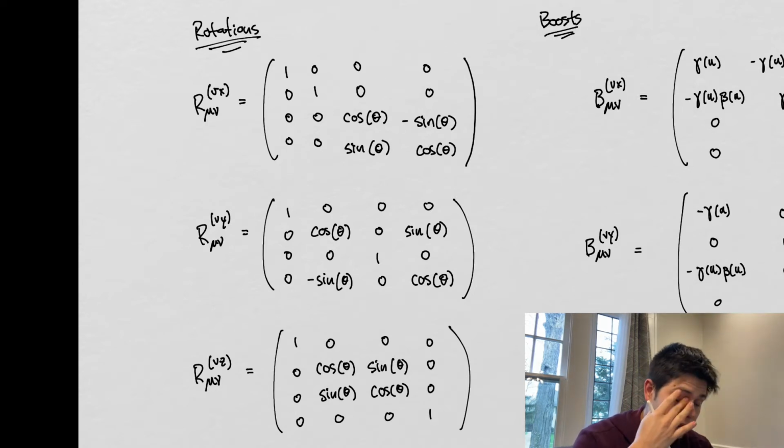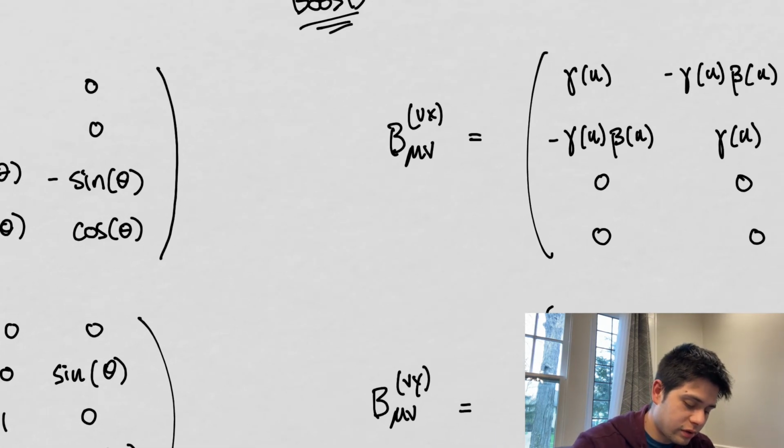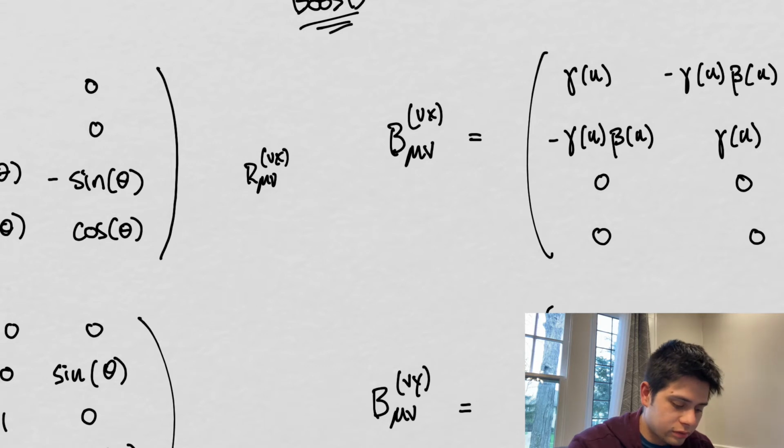And what that would look like, if I write this out, is we have our Lambda mu nu, rotation in the x direction. Typically this subscript here doesn't have to be written down. I'll just say x, in the x plane, sorry, times some vector a mu, right?